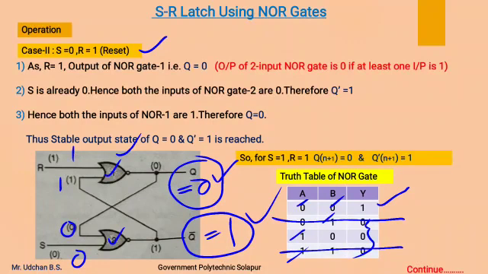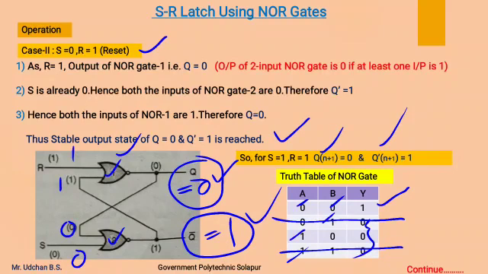Thus stable output state of Q equal to 0 and Q complement equal to 1 is reached. As Q is 0 and Q complement is 1, this state is named as a reset state. This Qn plus 1 is the next state, and this Qn plus 1 complement is the complemented next state.